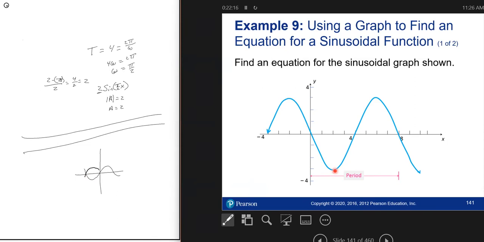So it's going like this. That means I'm multiplying by an A that is less than 0. It's going to be negative. And because it comes down here to -3, A is going to be -3, and my amplitude is +3.